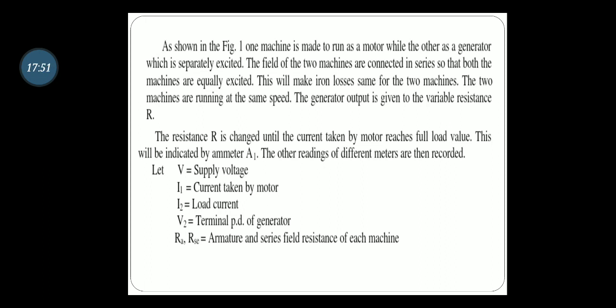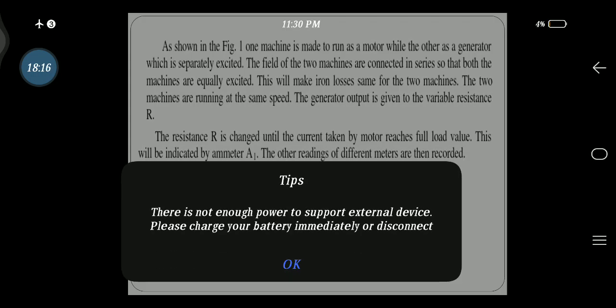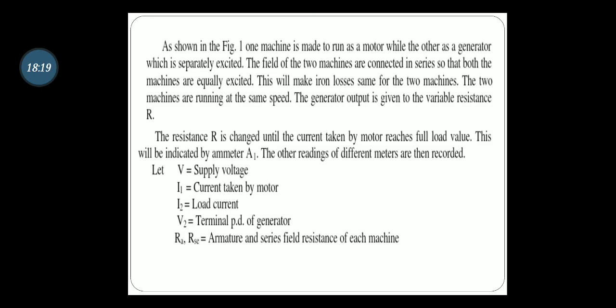The main objective of this field test, which is employed only for the DC series motor, is this: a series motor cannot run under no load condition, so this motor is coupled with another machine which acts as a generator, and both series field windings are connected in series in order to excite both machines equally.